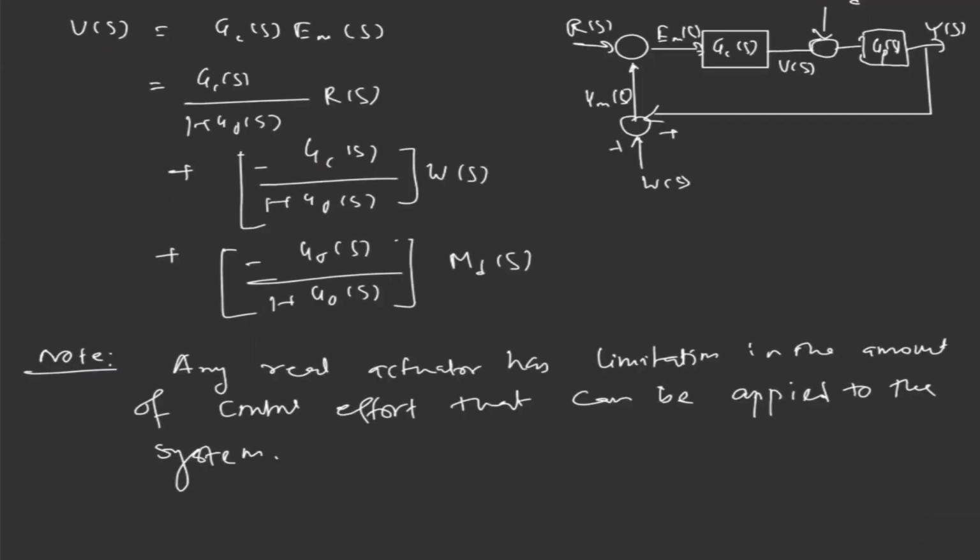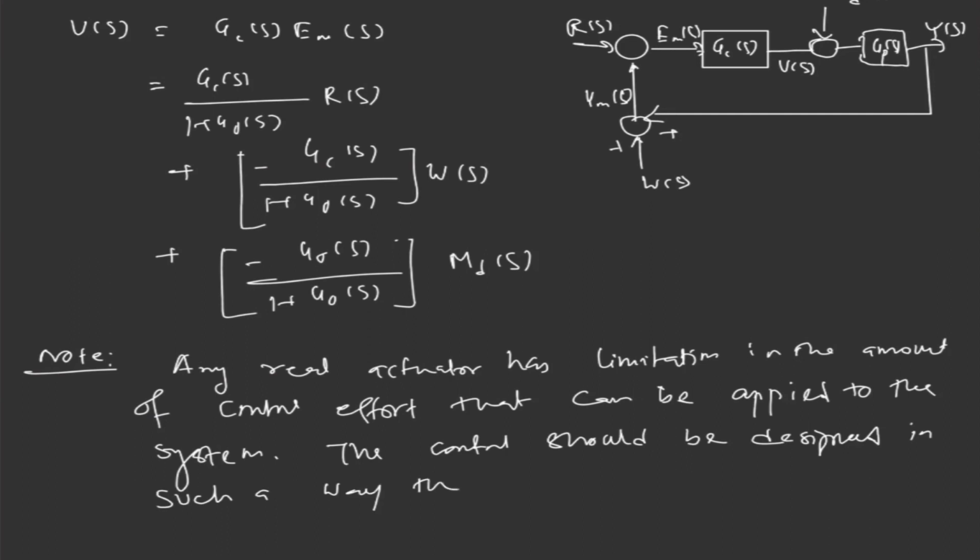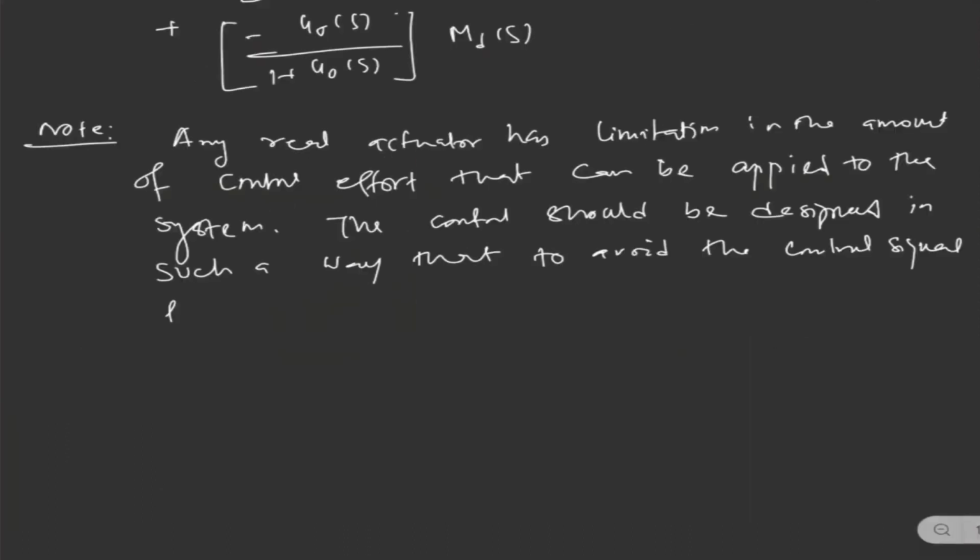Therefore, the control law should be designed in such a way as to avoid the control signal becoming too large. This is a very important point while designing the control system for the dynamical system to be controlled.